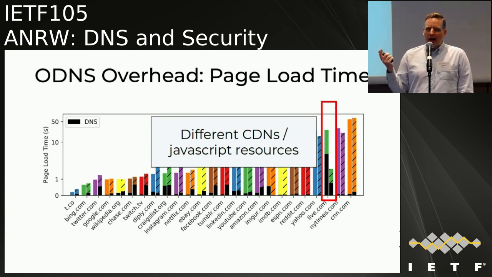There was one that was very odd, live.com. It turns out that's because we were directed to an entirely different CDN. In the ODNS case, we had a single giant JavaScript bundle, and the traditional resolver went to a CDN where there are lots and lots of little JavaScript objects to download. So that was a little bit slower.